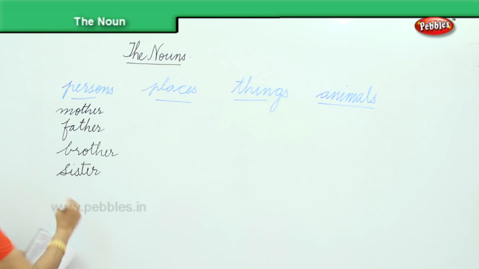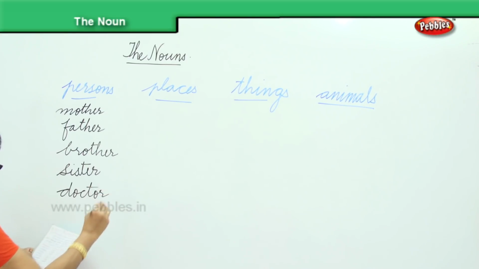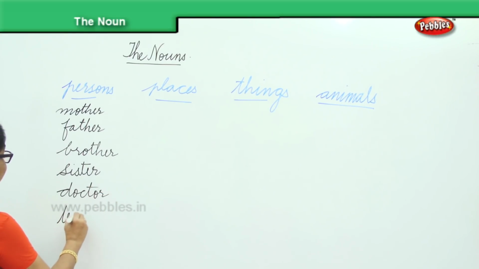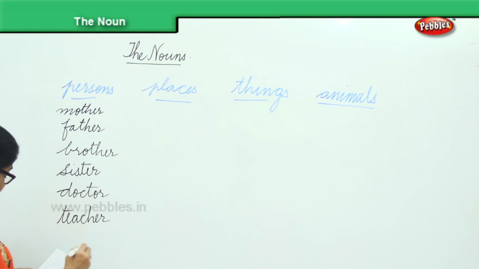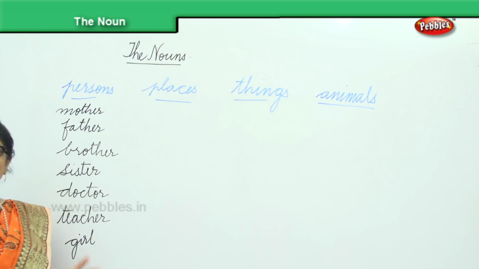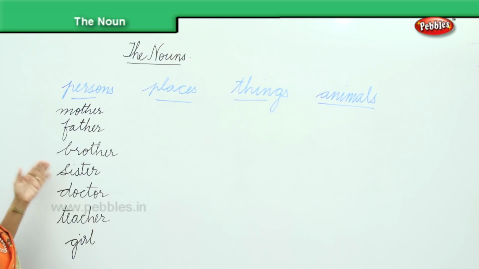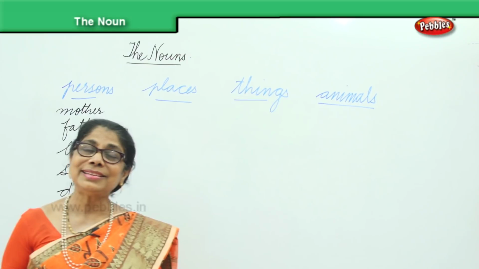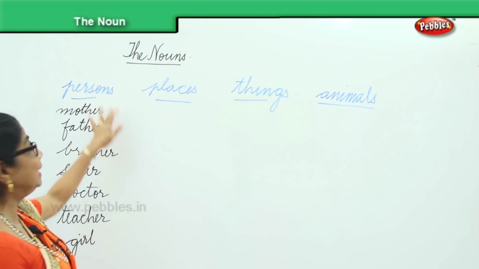Brother, sister, doctor, teacher. All these are persons. Girl, boy, etc. So person, any person, mother, father, brother, sister, doctor, nurse, teacher, all these are nouns, names of person.